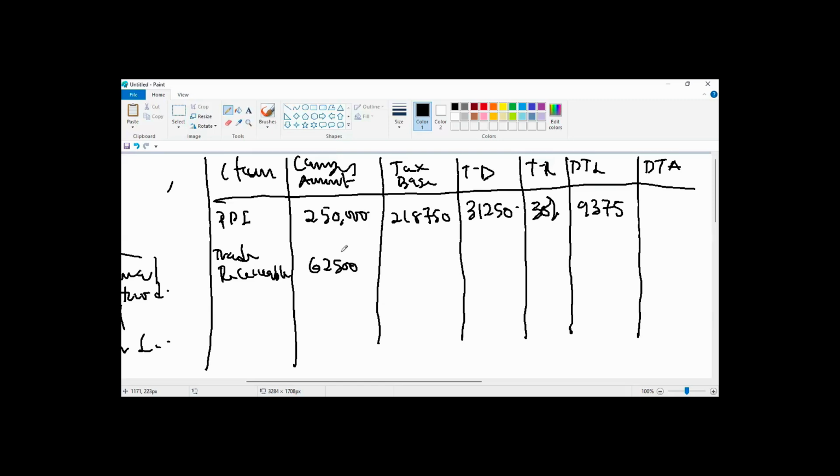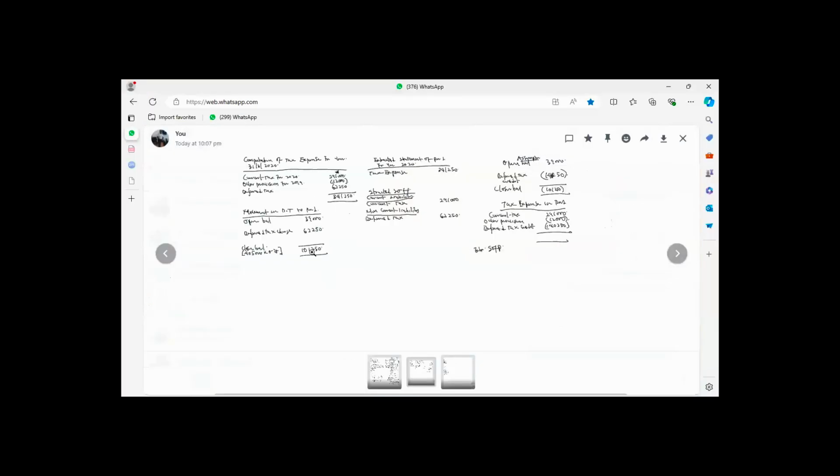I hope you have not slept. You cannot tell me the tax base, no problem. It's there. Is it 68,750? What do you call it? 62,500.